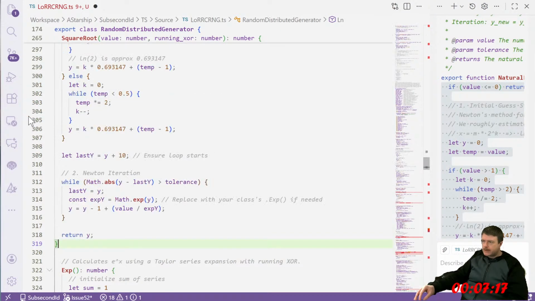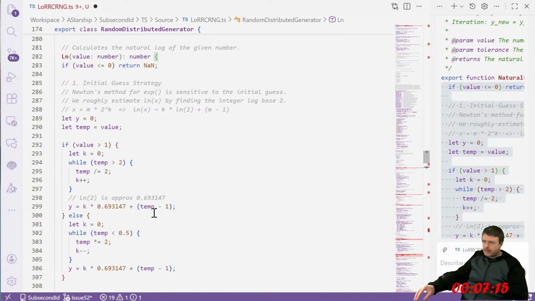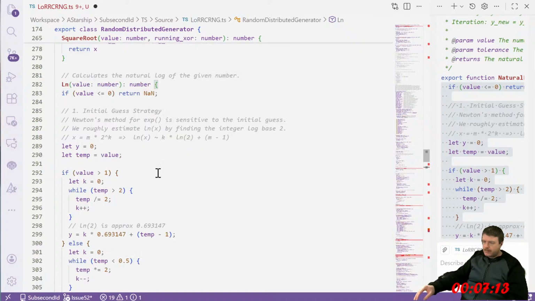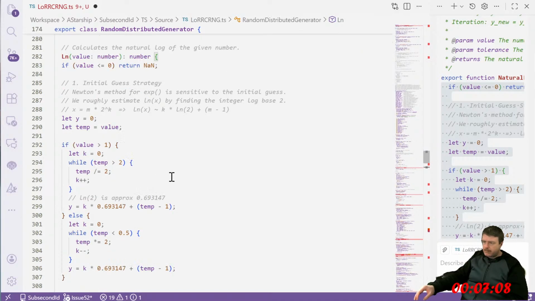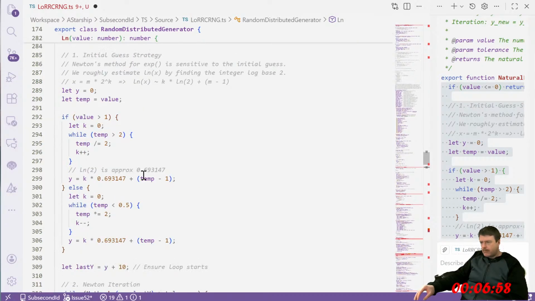Better, whatever this is, easier to see over here, right? Why not do?